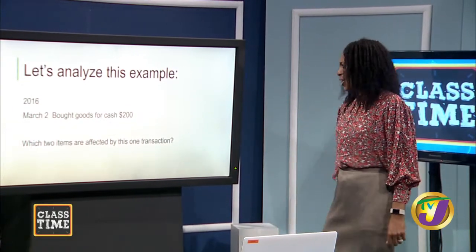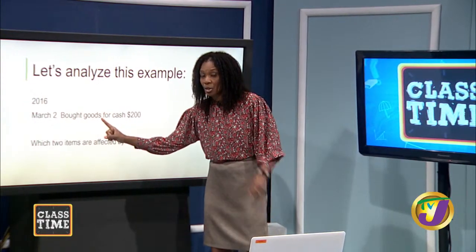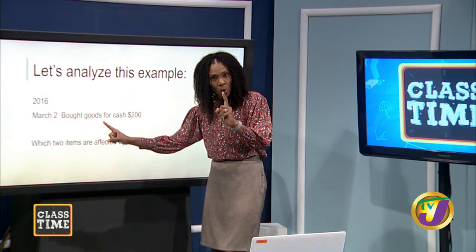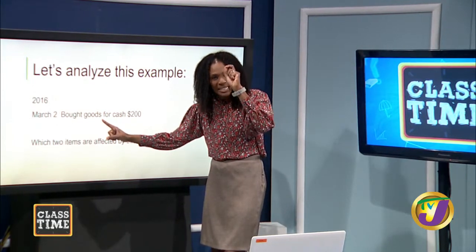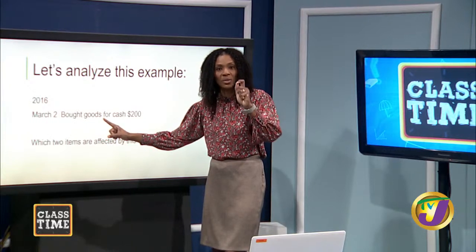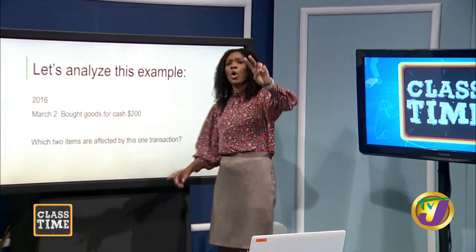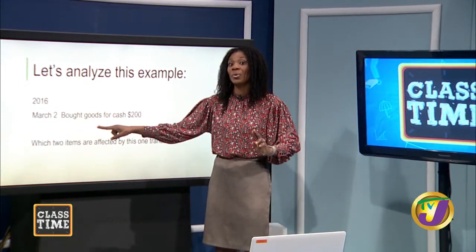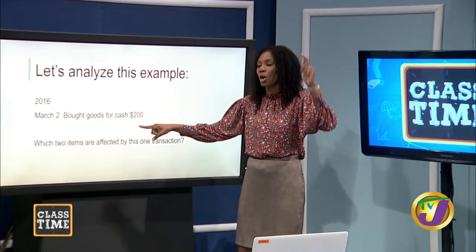You're learning, man. All right. So therefore, when you see bought goods, students, do not open up an account and call it goods. Tell me the specific dealings of the goods. And that is that we have bought the goods. So we're going to open up a purchases account to represent goods bought. And secondly, we're going to open up a cash account.